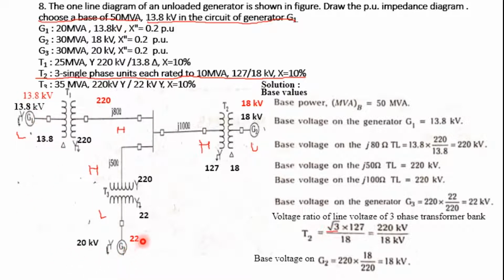Once you select that, the base value is going to change, it is 22. So there is no problem here. This is how you need to solve the numerical. The only change in this numerical is that T2 consists of three single phase units. The rest of the procedure remains the same.